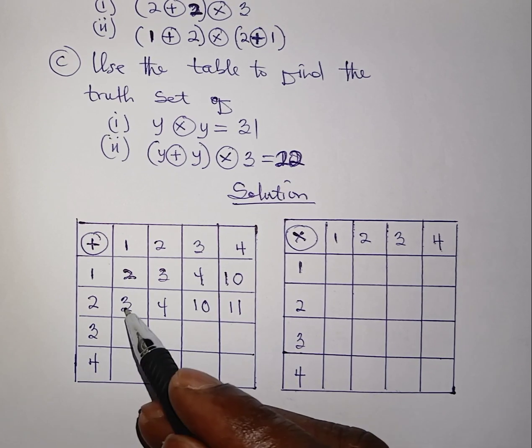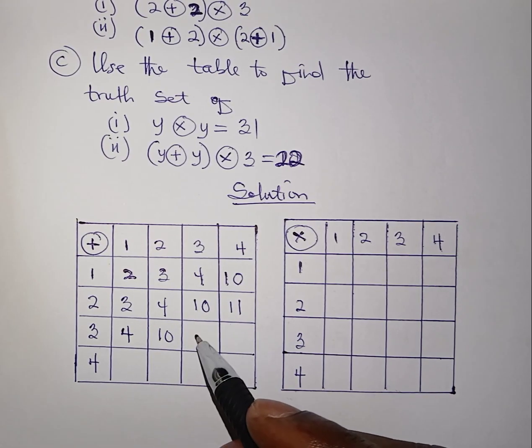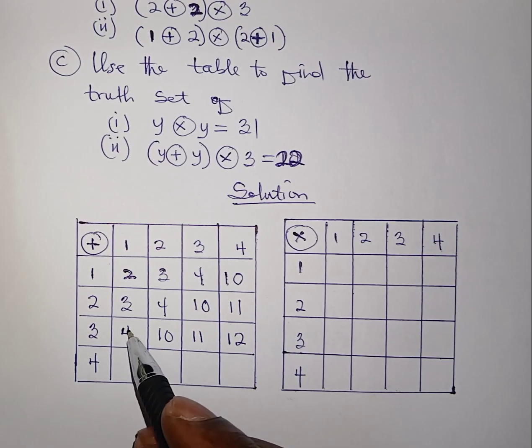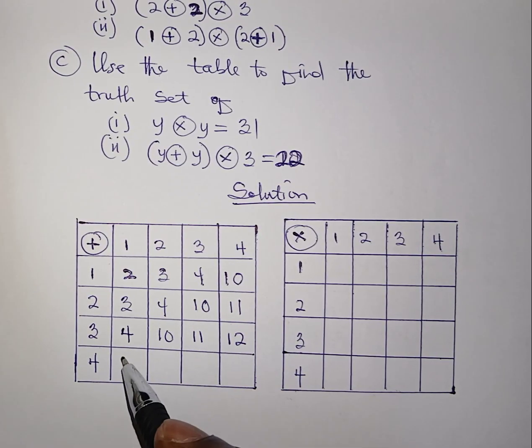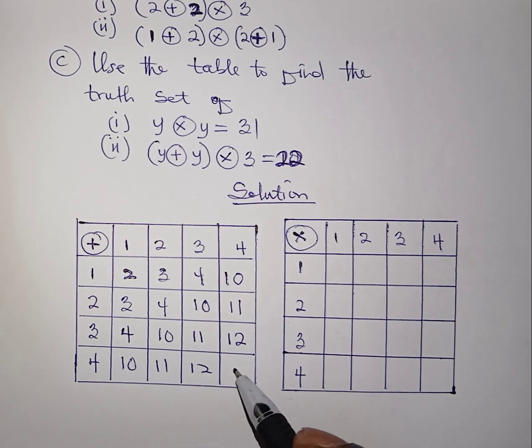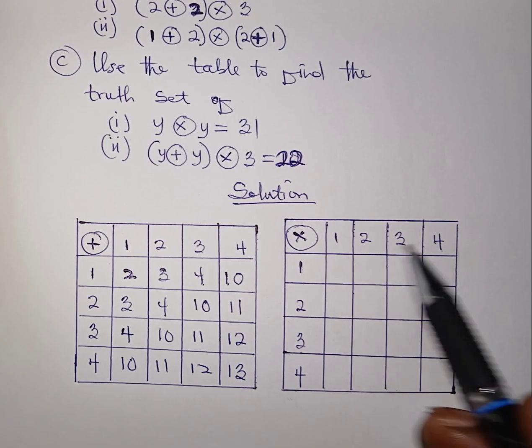So if here is 3, then here is 4, and here will be 10, here will be 11, and then 12. If here is 4, after 4 you get 10, then 11, 12, and then 13. You see that? Great.